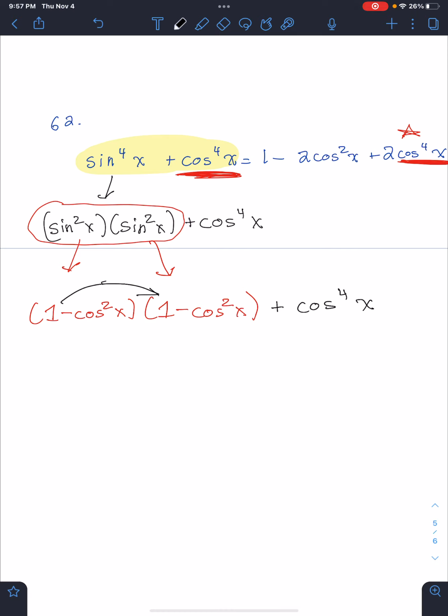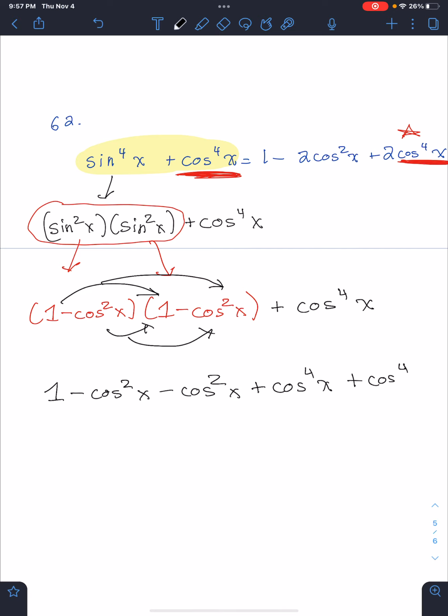And now all I'm going to do is distribute. Now I'm going to get 1 minus cosine squared of x minus cosine squared of x plus cosine to the fourth of x plus cosine to the fourth of x.